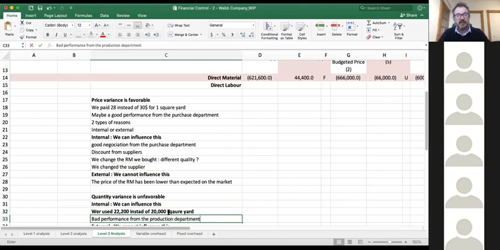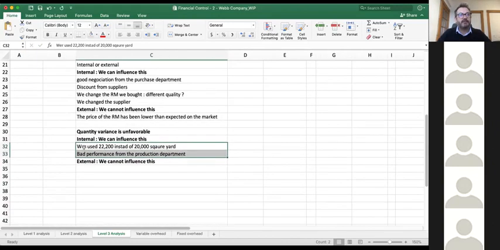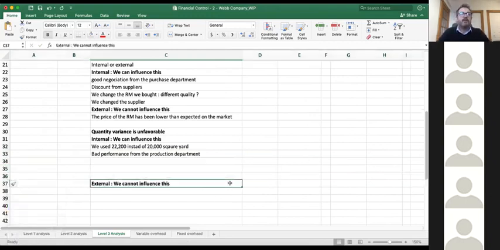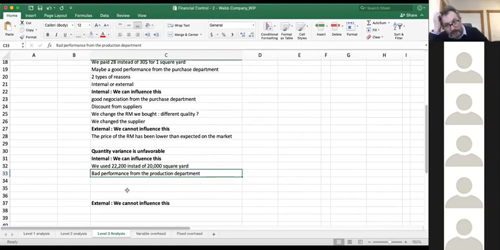These are the guys who are responsible for this. So do you have any reason? Do you have any explanation for this? Why did we use more square yard than expected?